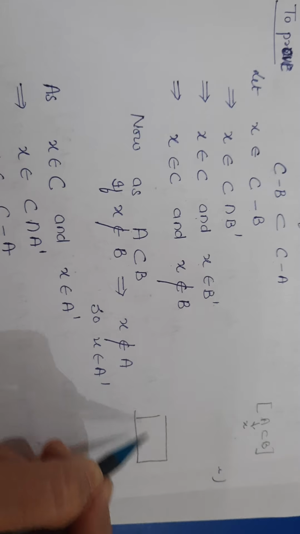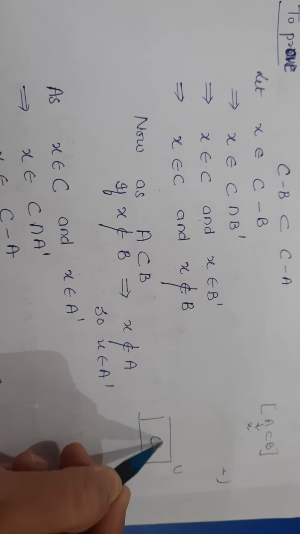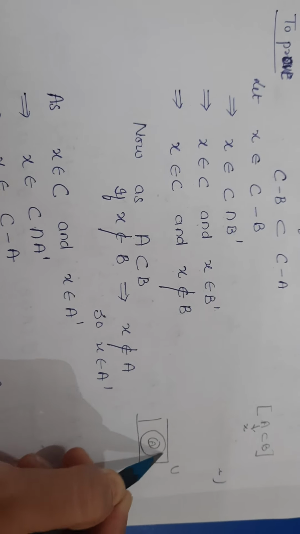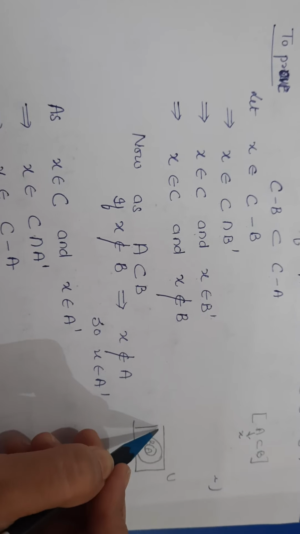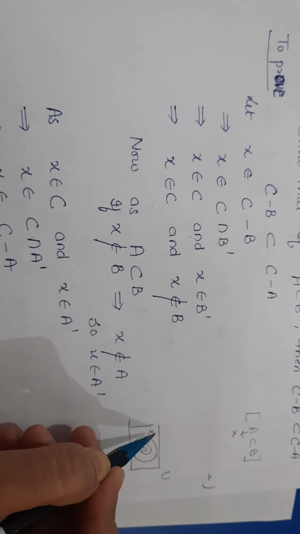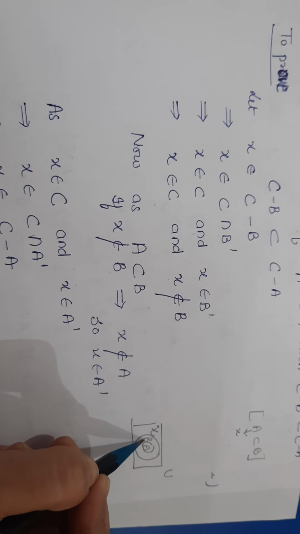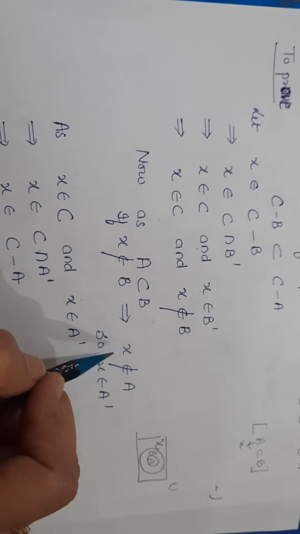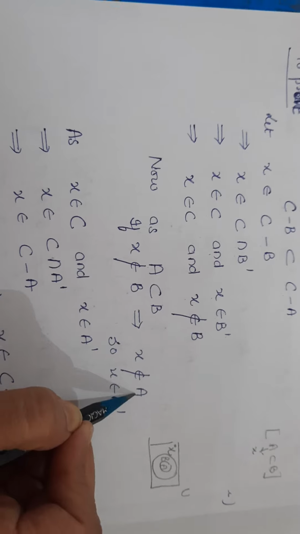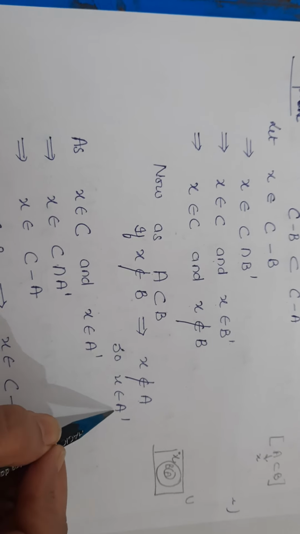Here I have drawn the universal set, set A and set B. We are saying X does not belong to B. That means X is somewhere here. So if X does not belong to B, automatically X does not belong to A. It does not belong to A, so that means it belongs to its complement.